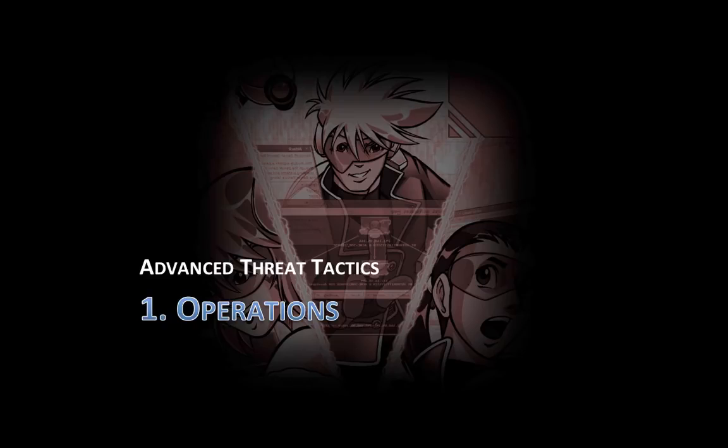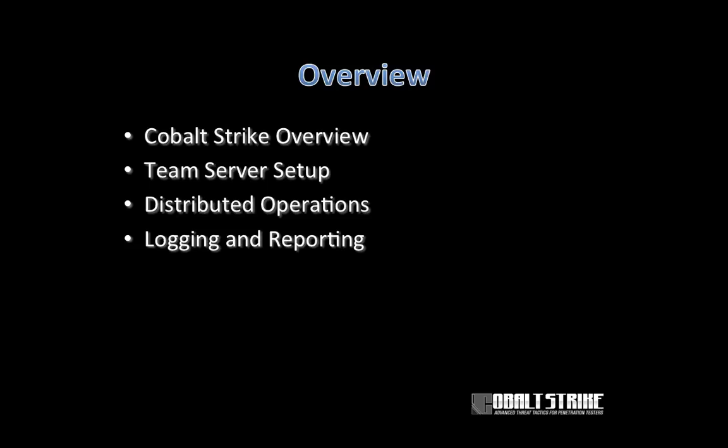Okay, with that out of the way, let's go ahead and get started with part 1 of Advanced Threat Tactics, Operations. In this lecture, we're going to introduce Cobalt Strike and talk about some of its history and what it's built for. I will also talk about how to stand up a team server and connect a Cobalt Strike client to it. And we'll talk about Cobalt Strike's model for distributed operations.